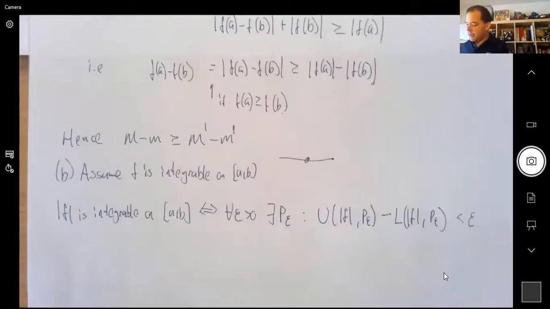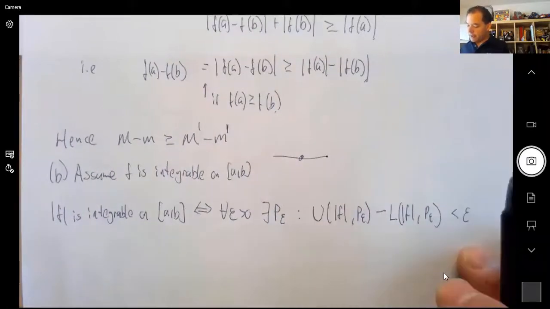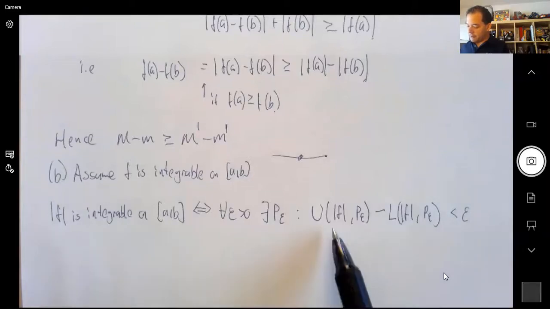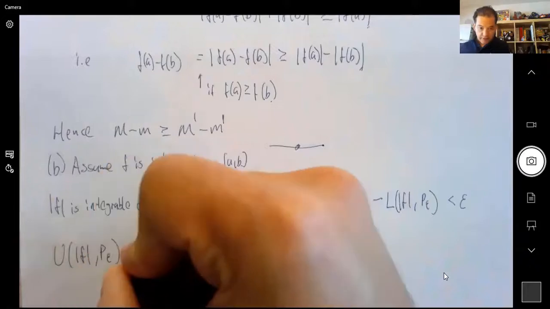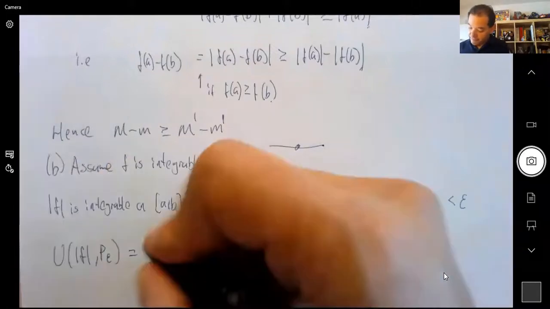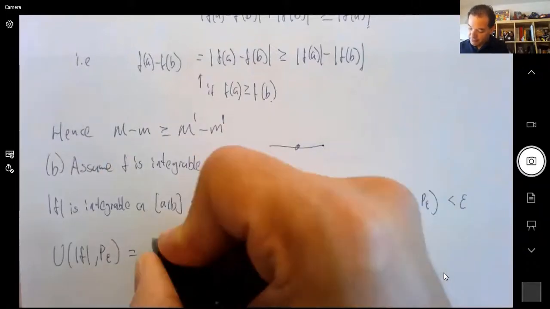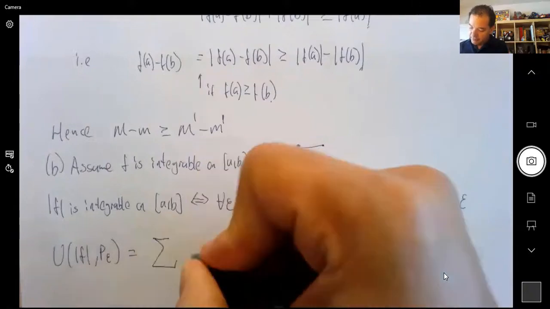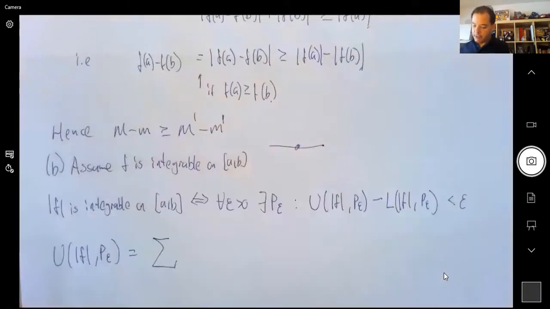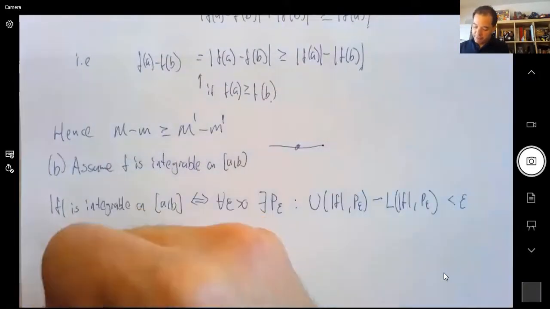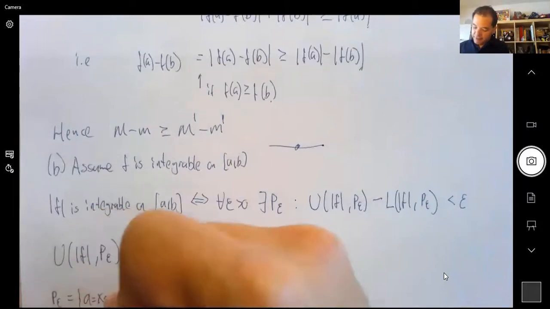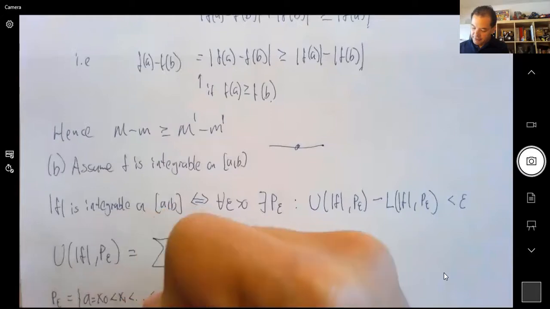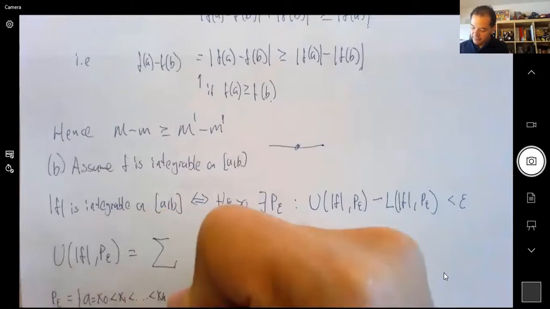Okay, good. So now what? Well, what is this guy over here? Let's write it down. It's a sum. As usual, we assume that P epsilon is A, which is x0, less than x1, less than ... xn, which is b.